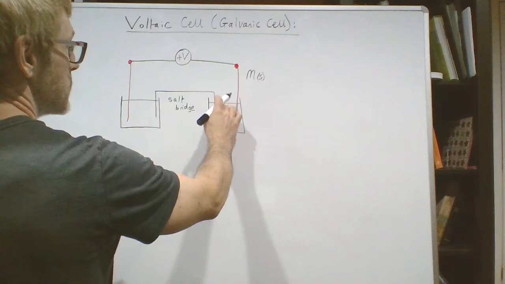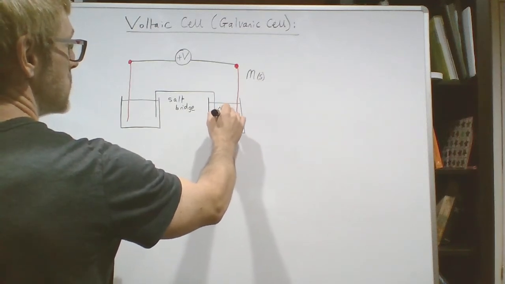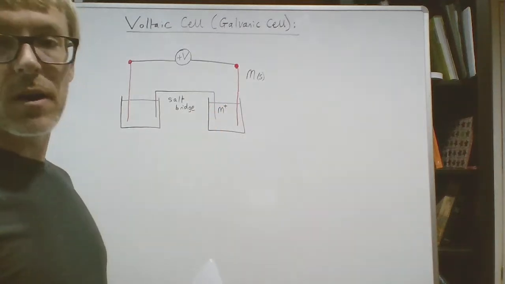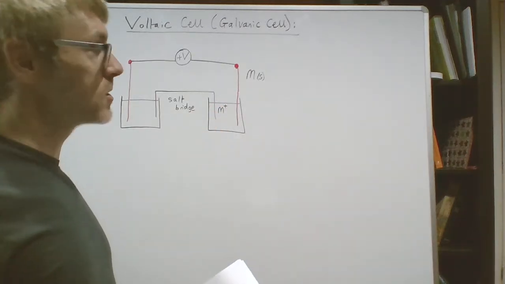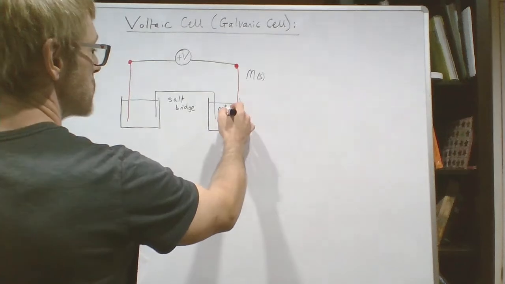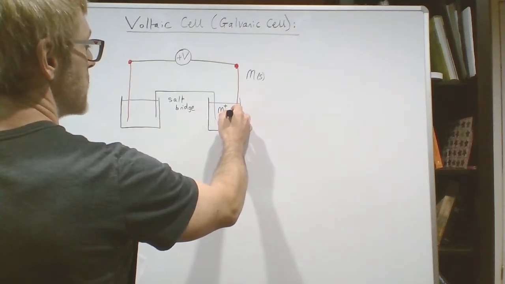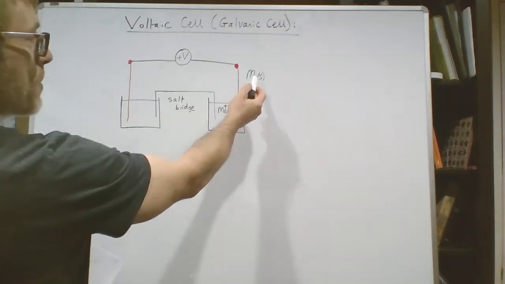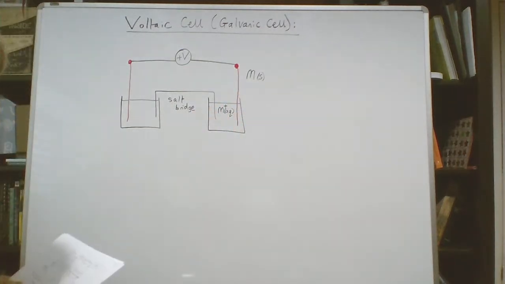And inside here, typically you would have the same metal, but in its cationic form. So I'm just going to write a plus charge. It might have more than one plus charge, but it's cationic, so it's positively charged. And it's aqueous because it would be soluble. So I've got a mixture of a metal in its solid form and a metal cation in its aqueous form.